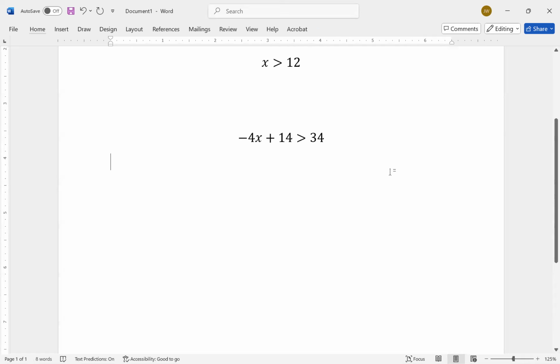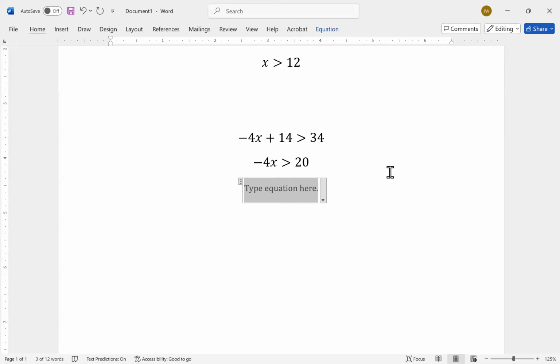In this second inequality, what I would do is start out by subtracting 14 from both sides. When I do that, subtracting a number from both sides does not flip the sign; it stays the same. And here's where it gets interesting.